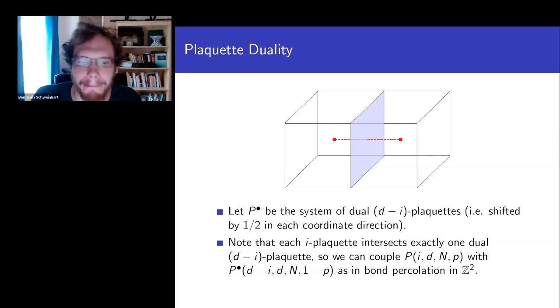So we can couple i-dimensional plaquette percolation with probability p with d minus i dimensional plaquette percolation with probability 1 minus p, as in bond percolation in Z2, where we couple one-dimensional bond percolation with probability p with dual bond percolation with probability 1 minus p.